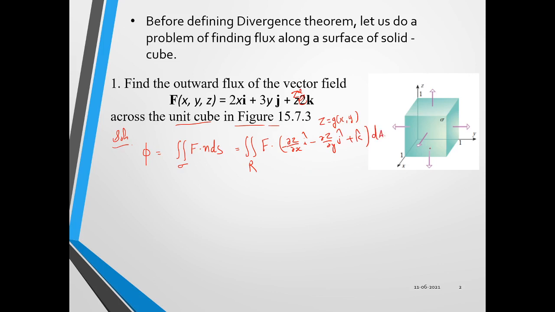Now here there is a problem because our surface sigma is a cube and we cannot parameterize the surface directly. So what we will do is cut it into 6 pieces. That means we have to integrate separately on each face: S1, S2, up to S5, S6.